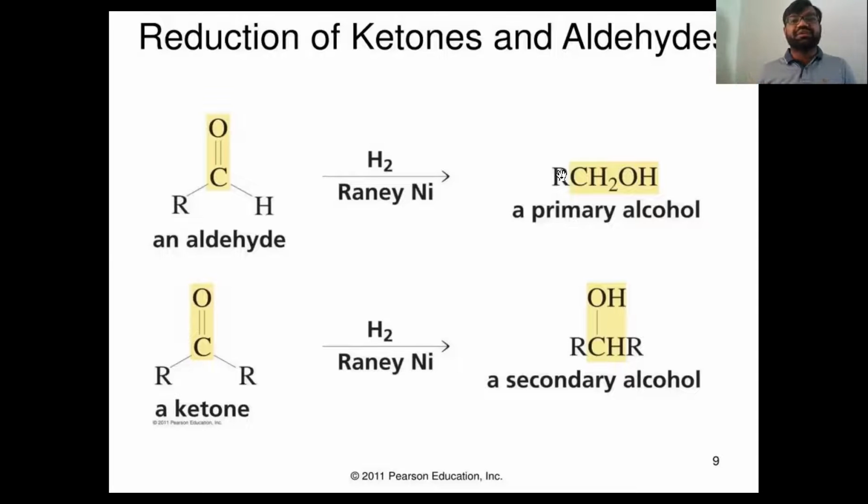That's why it is a primary alcohol. If we take ketone, the same reaction will now form a secondary alcohol, where the hydroxyl group containing carbon is connected with two other carbons. That's why it is a secondary alcohol, like isopropanol, something similar to this.